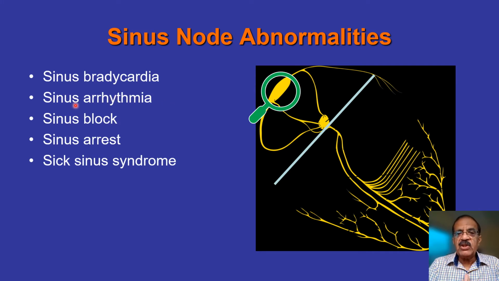That means the sinus node has got an inherent rate, but it has some variation. During inspiration, it gets accelerated by less than 10%, and during expiration, the heart rate slows down again within the bracket of 10%. But if it is more than that, it is called sinus arrhythmia.